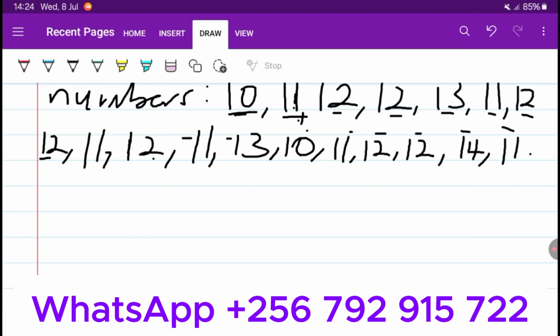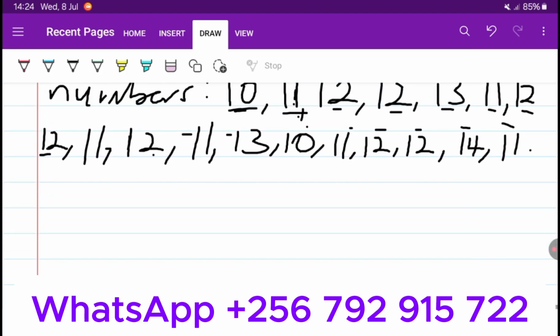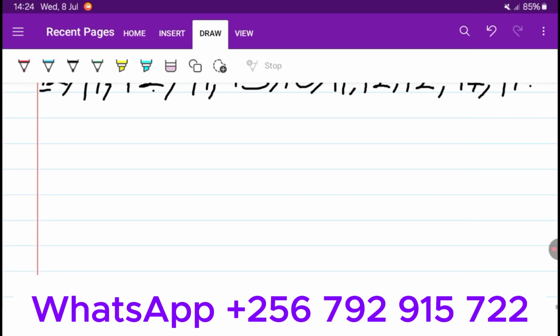So we have to first make a frequency distribution. We have the values, and these values are actually our x values.